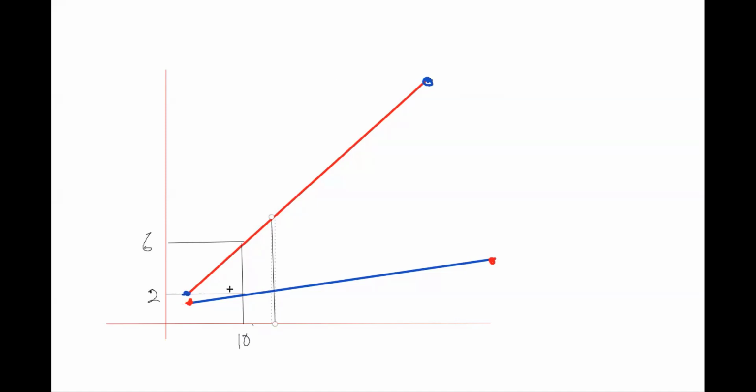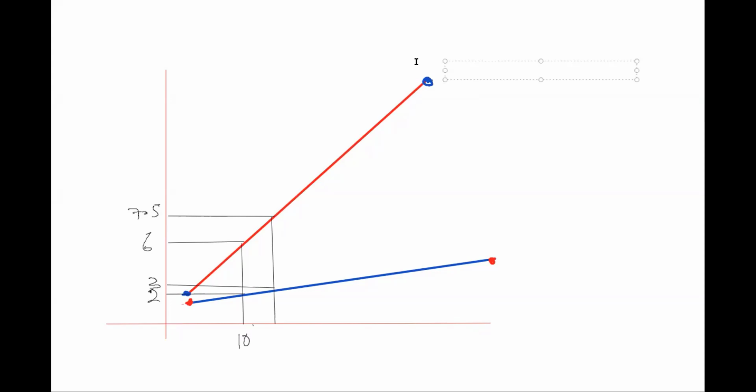If you join this point from here to here and this point from here to here, since this number is very small, the distance is very small, I can write it as, let's say, 3, and this number is very high, so I can write it as 7.5.